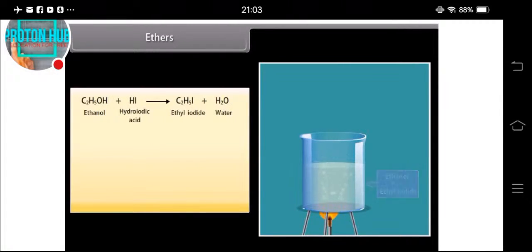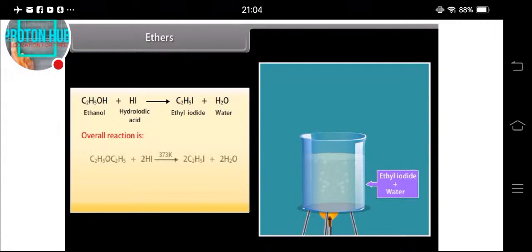With excess of hydroiodic acid, the alcohol formed further reacts to form ethyl iodide. Overall reaction: hydroiodic acid reacts with diethyl ether at 373 Kelvin and it forms ethyl iodide and water.